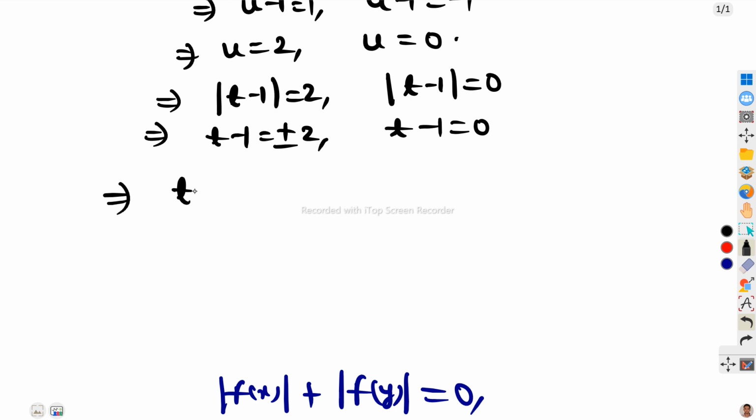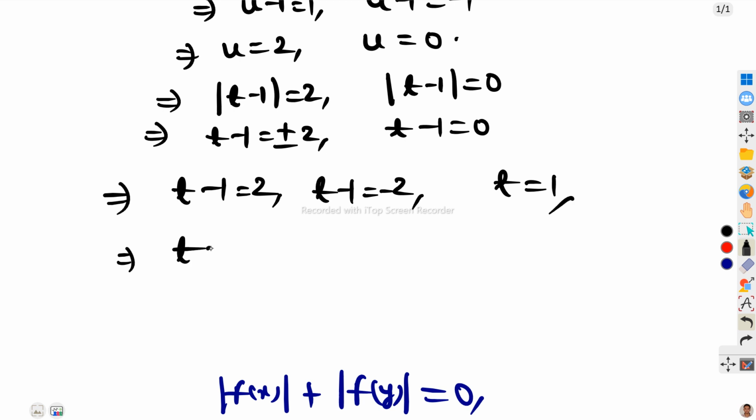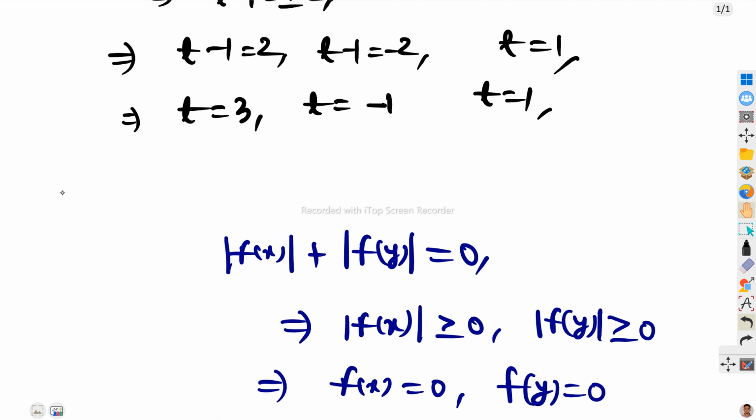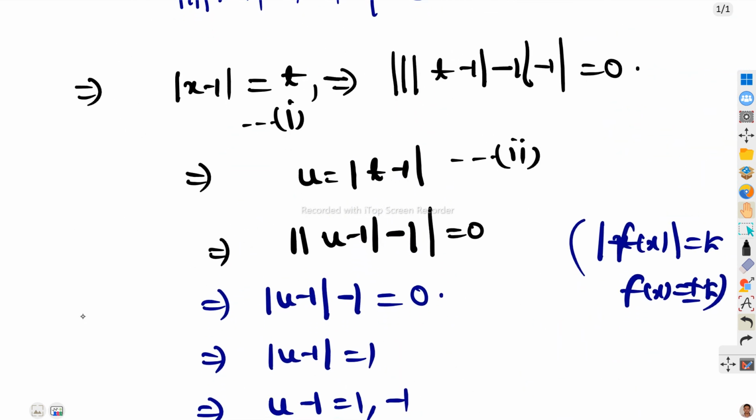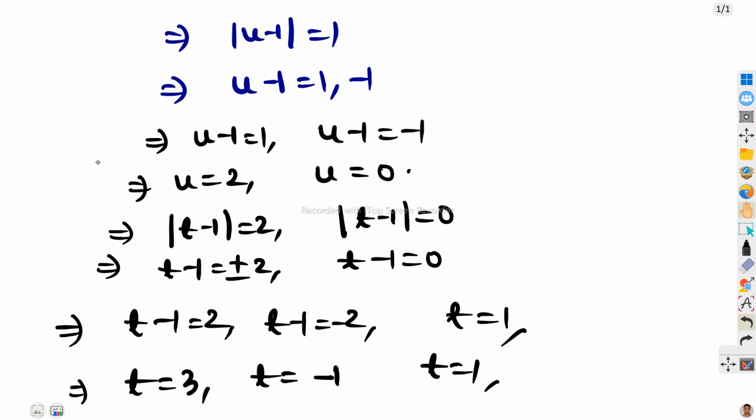We have two equations, t − 1 = 2 and t − 1 = −2, and the other gives t = 1. So this becomes t = 3, and this becomes t = −1, and t = 1. Again, put the value of t. We have taken in equation 1 |x − 1| = t.